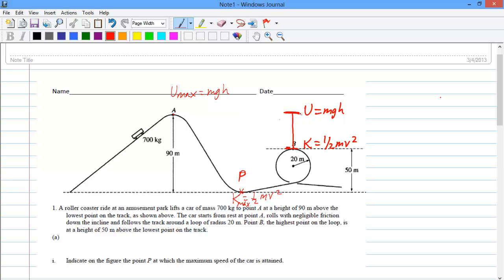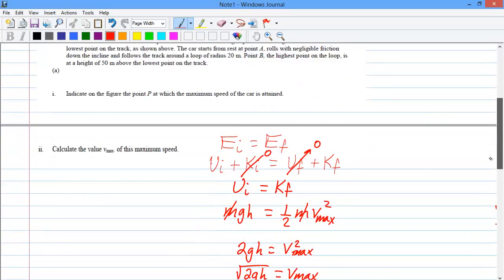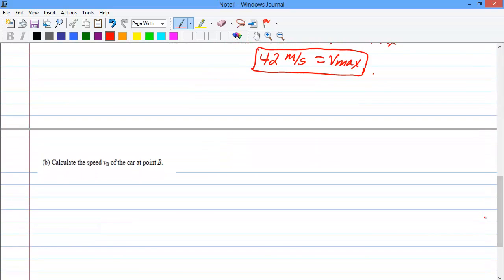It's the same as if it had just fallen that distance. So all we have to do is set those two equal to each other. Initial energy has to equal the final energy. In this case, the initial potential energy has to equal the final kinetic energy and the final potential energy.